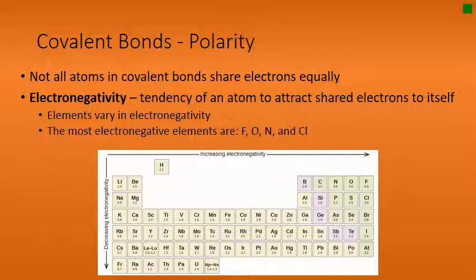Elements vary in electronegativity. The numbers have been derived from experimental data. Those electronegativity values vary from 0 to 4.0, and we find that the most electronegative, the most electron-greedy elements in a covalent bond are fluorine, oxygen, nitrogen, and chlorine. And these electronegativities do influence the nature of the covalent bond.